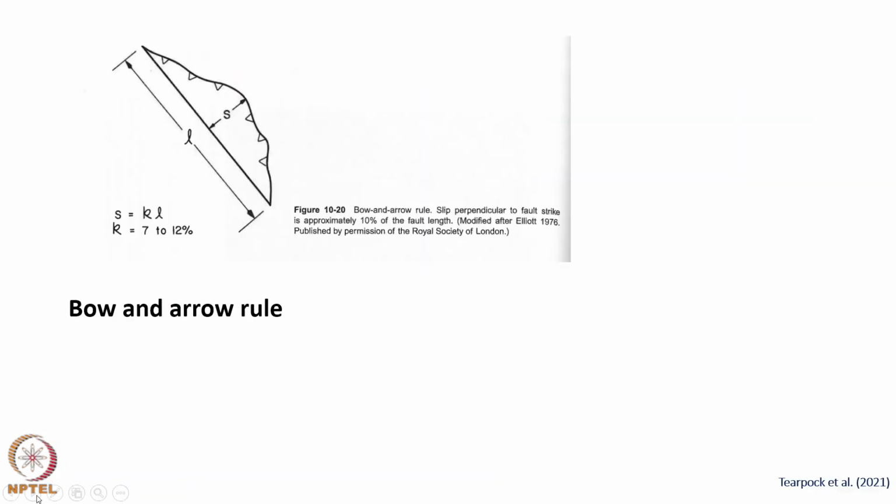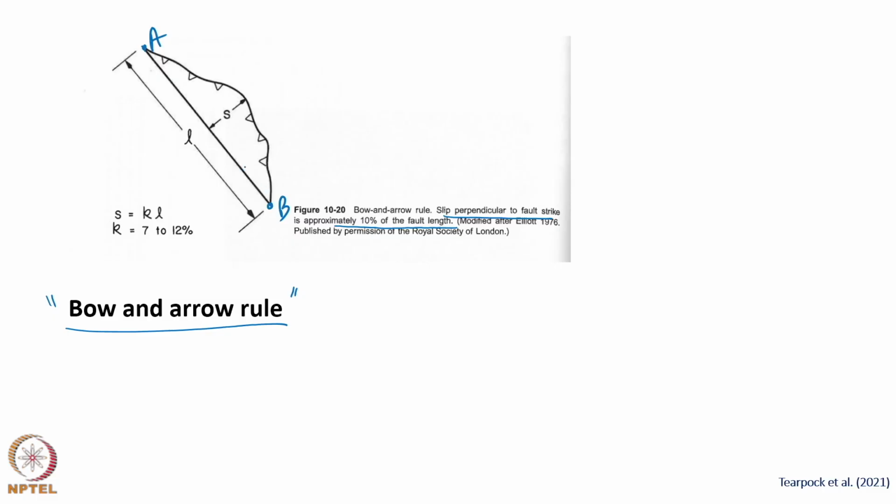While studying the basics of thrust belts, let us visit the concept of the bow and arrow rule. It says that the slip perpendicular to fault strike is approximately 10% of the fault length. What is the fault length? Suppose from this point A to point B the fault is exposed.